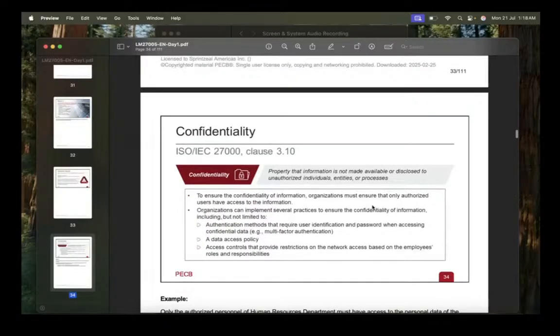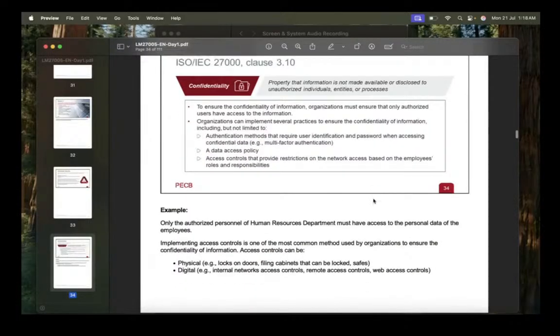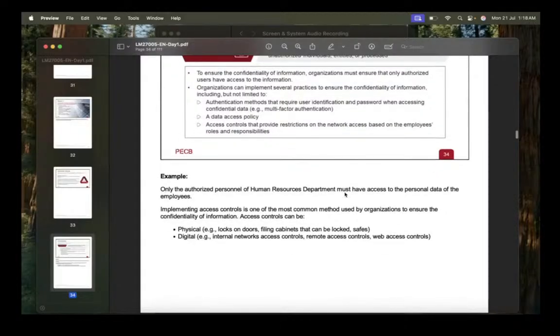And since we're talking about this, we have an example here. If we see this example, it is related to the human resource department: how only some authorized personnel of the HR department have access to the personal data of employees.